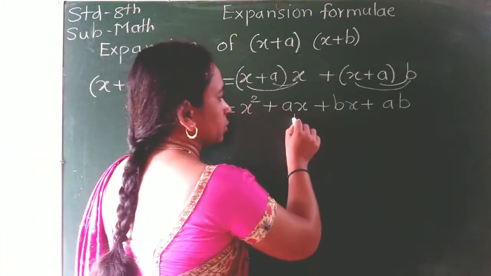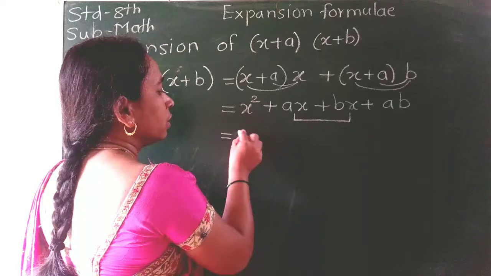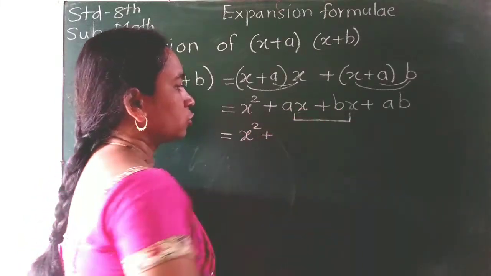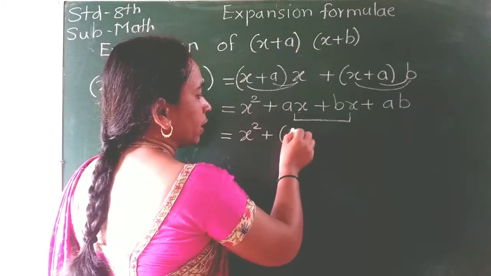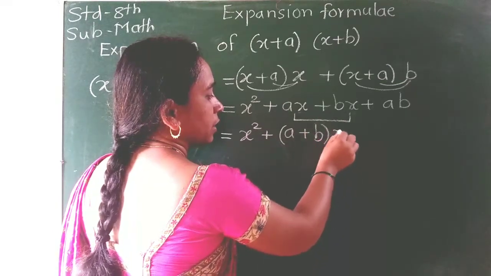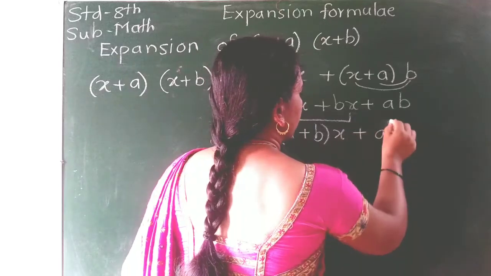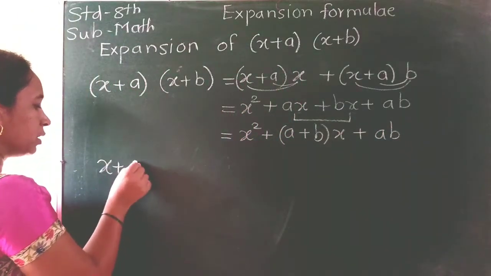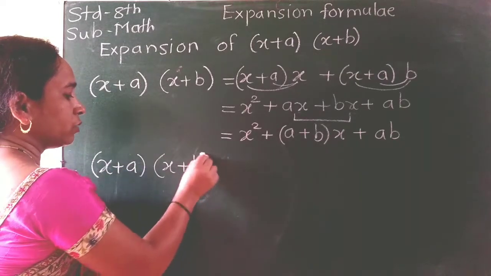The middle two are like terms, they have the same variable. So x square will be as it is. Since they are like terms, I'll take x outside. If I take x outside, what is left in the bracket? a and b are left, and x I take outside, so plus ab. So here we get the expansion of (x + a)(x + b). What is the meaning of this?